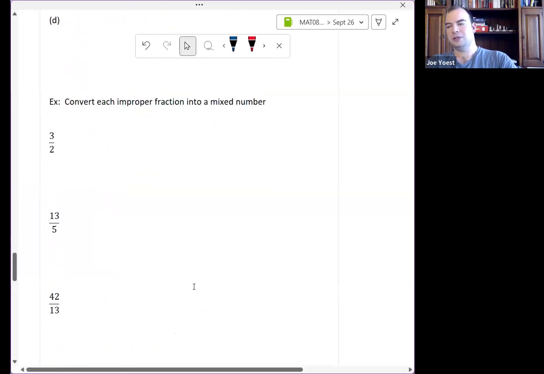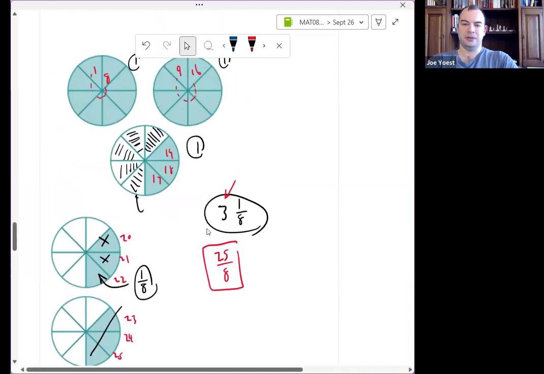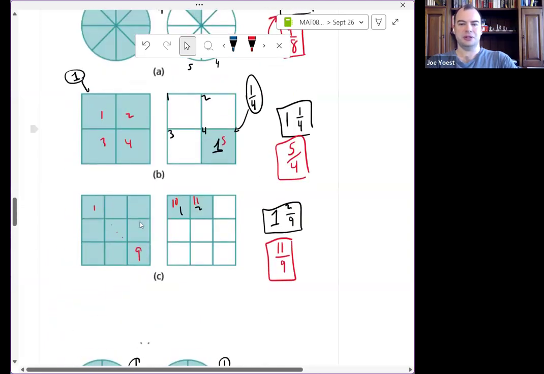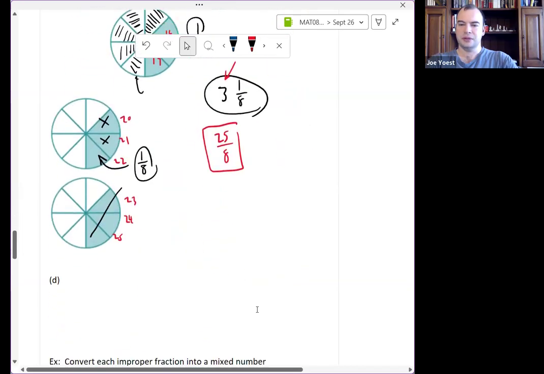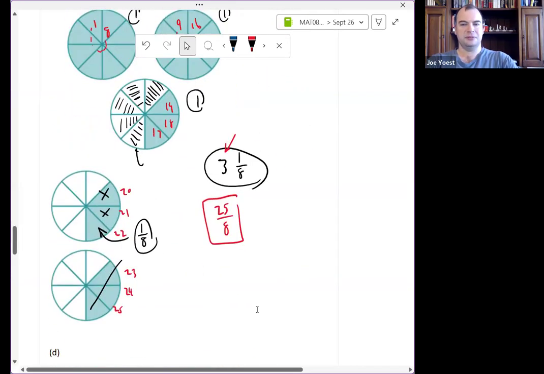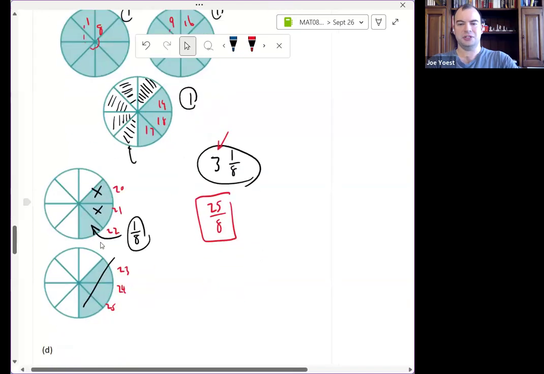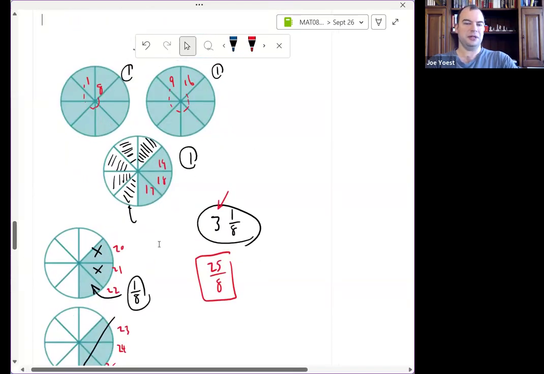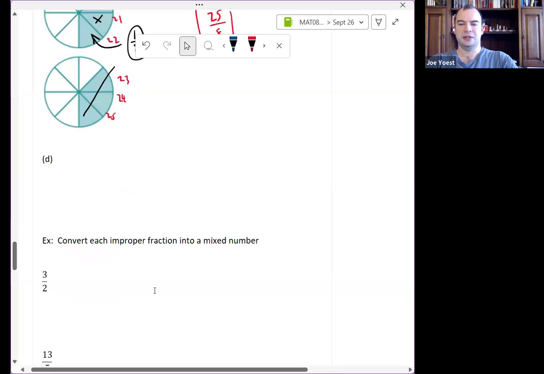Okay, so we looked at the relationship between mixed numbers and improper fractions in this model, in the slices of circles or the squares model. But again, if I have a much bigger number, even something like 25/8, this would be pretty cumbersome to write out.